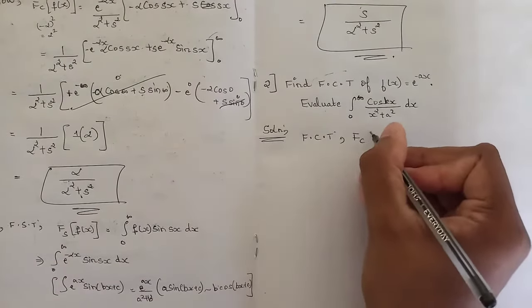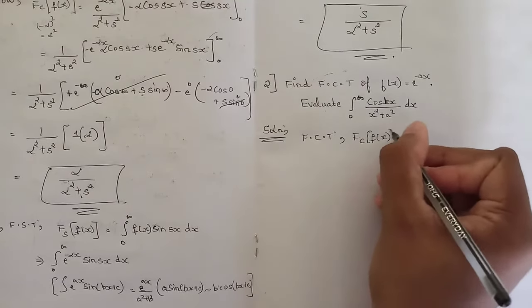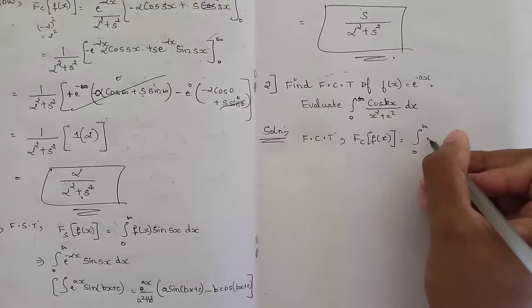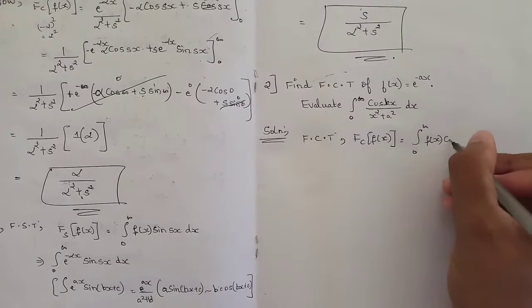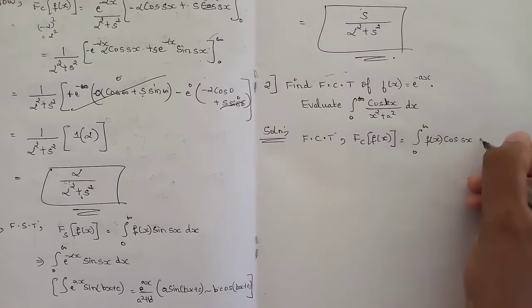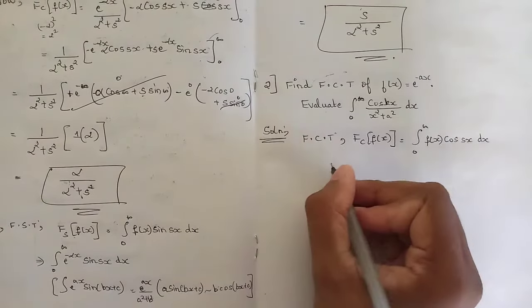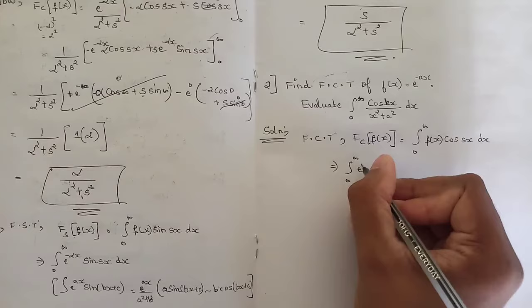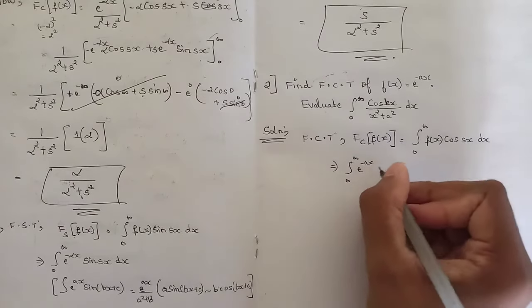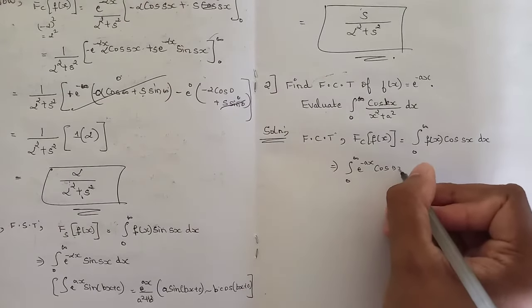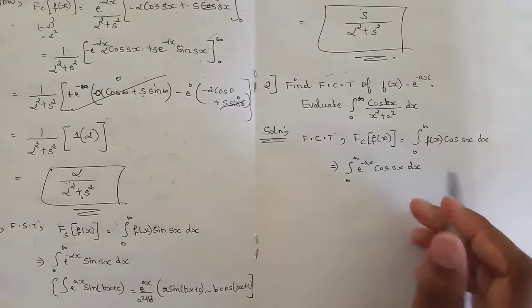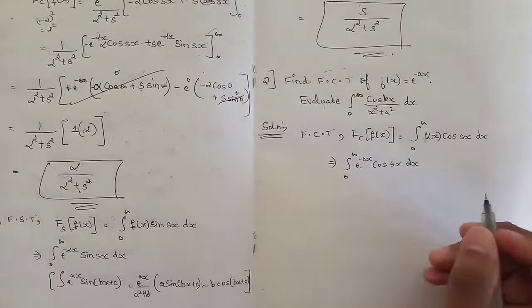First thing we are going to solve is the Fourier cosine transform. It is given by Fc of f of x is equal to the integral from 0 to infinity of f of x cos sx into dx. Now f of x is e to the power minus ax, so cos sx into dx. Again this is of the form e to the power ax cos bx plus c.